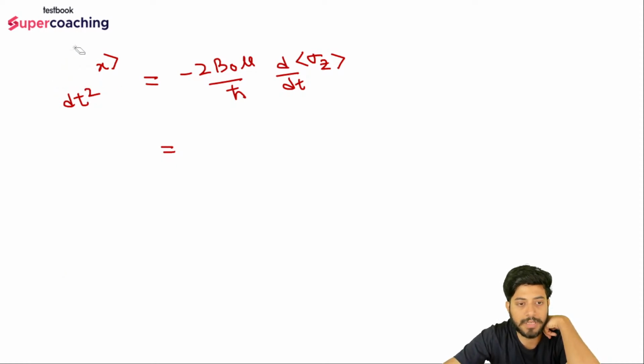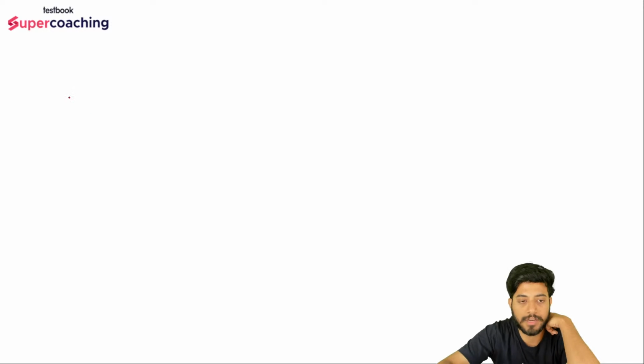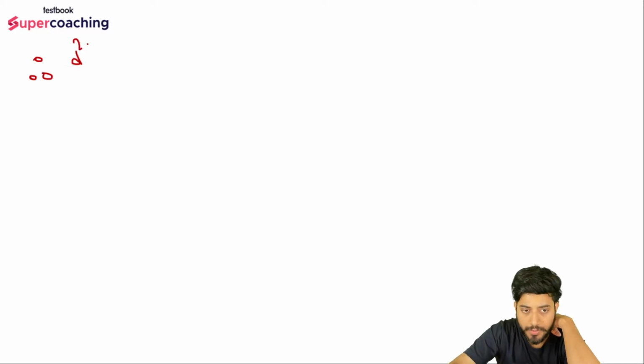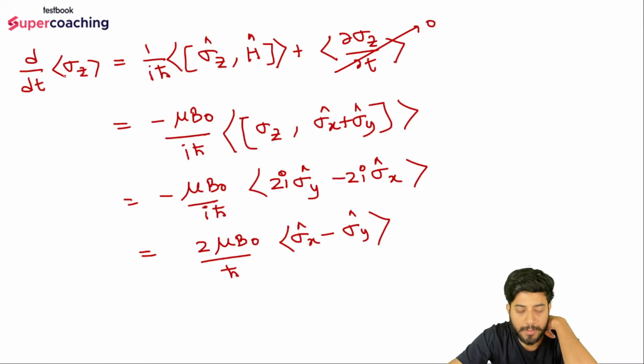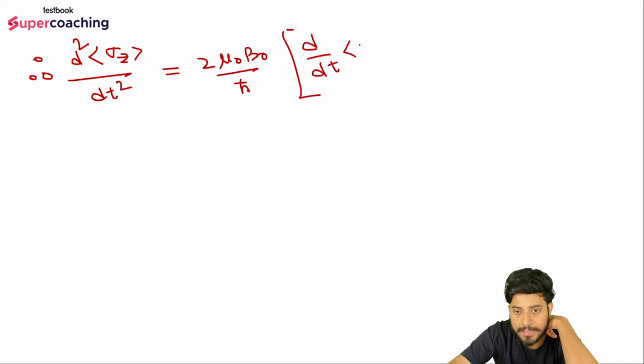Do one thing, do just d/dt of that thing and see what you get. Therefore, d2 of the sigma z expectation value dt2, if I do double differentiation of this, I'll get 2 mu naught B naught by h cross, and I'm going to get d/dt of the sigma x expectation minus d/dt of the sigma y expectation.